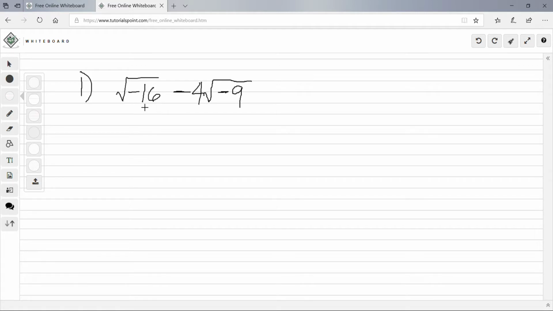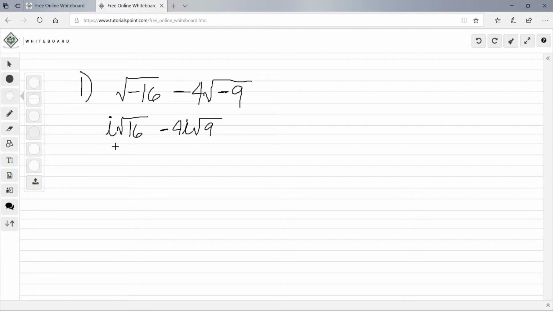So I'm going to rewrite this as i times square root of 16, minus 4i square root of 9.